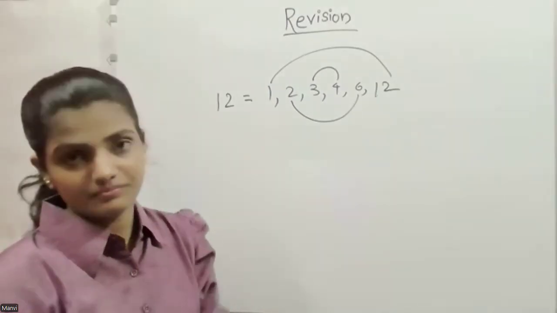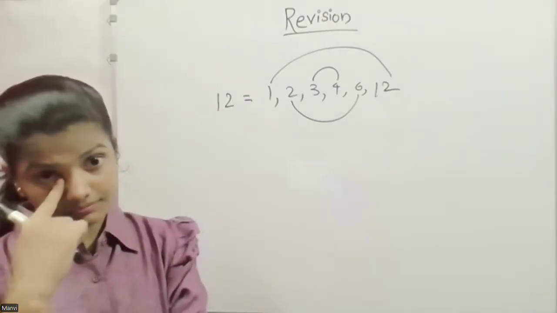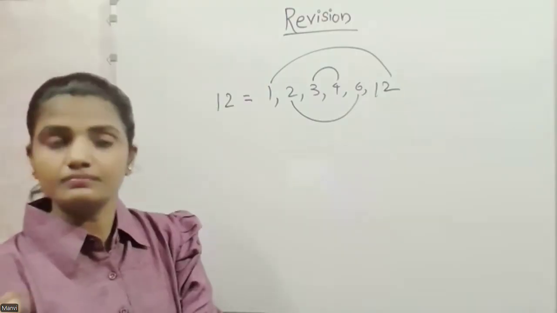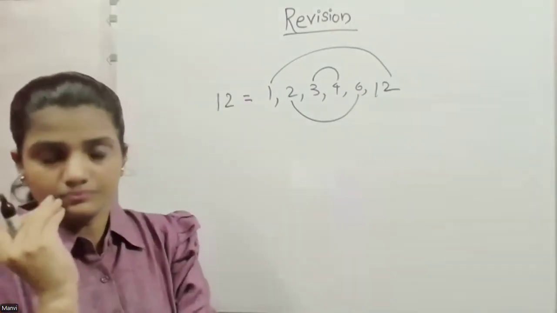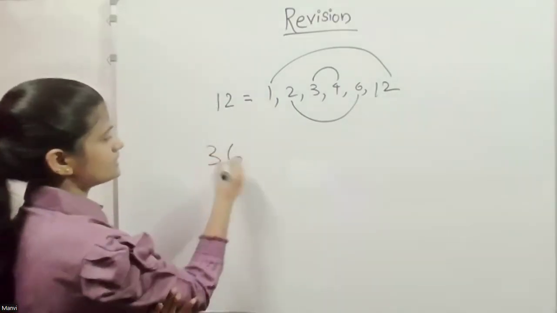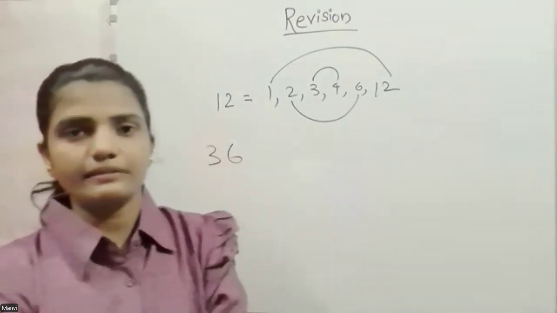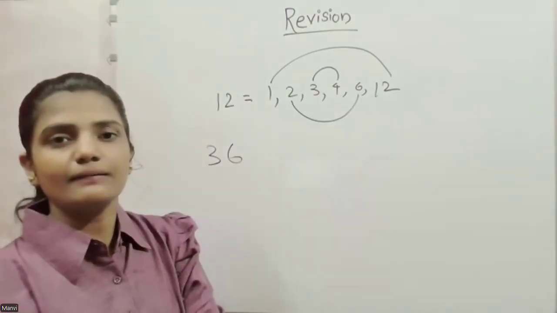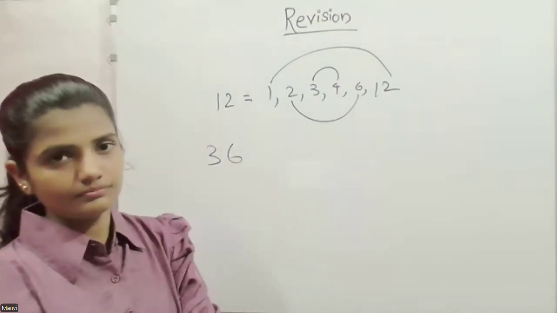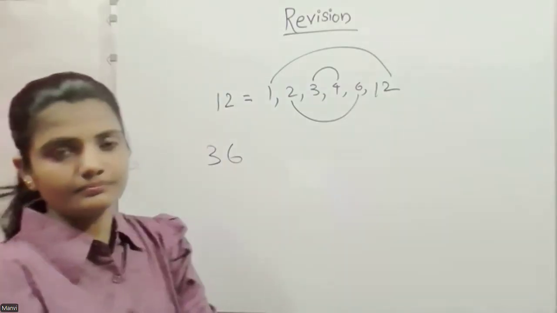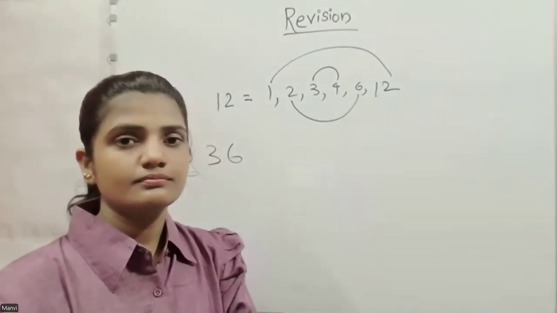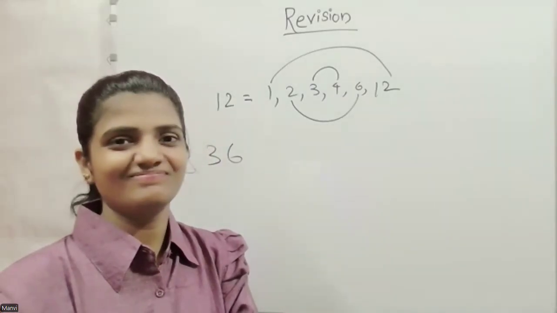You know the number of factors, right? For example, 12 is a factor of 36. So if there's an even number, then the count of the factors will always be even.